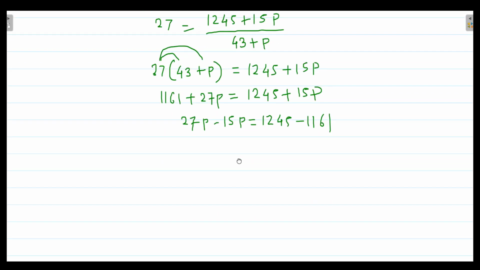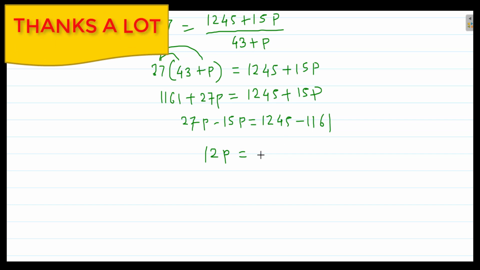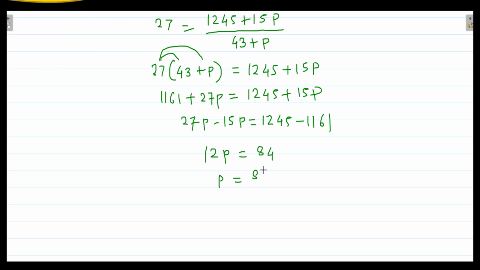Now friends, here 27 minus 15P, that will be 12P, and which is equal to 1245 minus 1161, that will be 84, and therefore P will be equal to 84 divided by 12, and 12 7s are 84. So we get the value of P as 7.